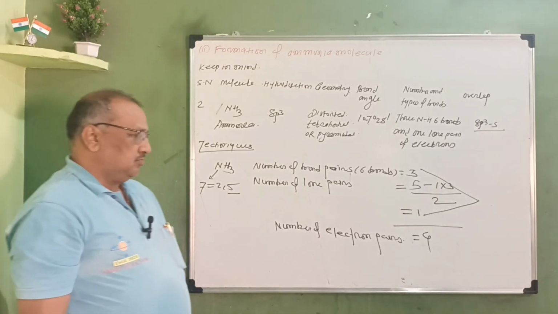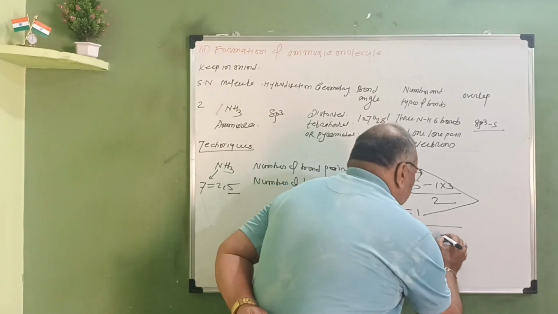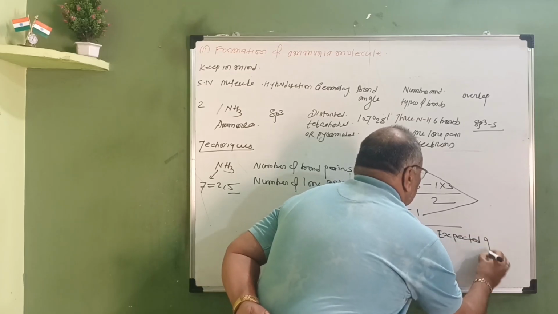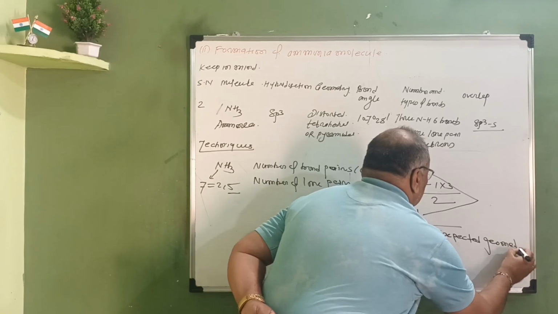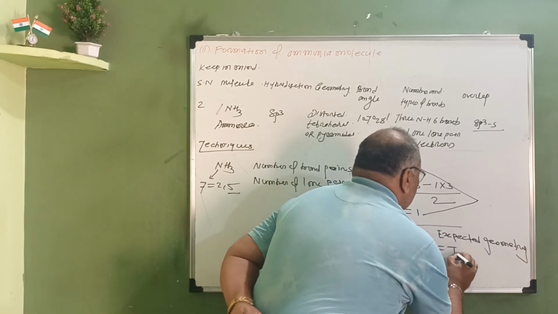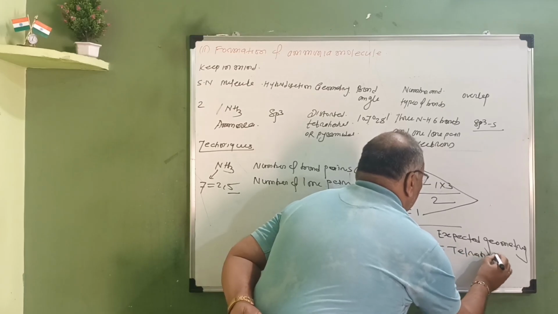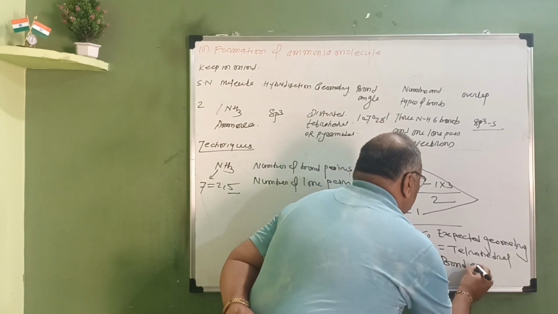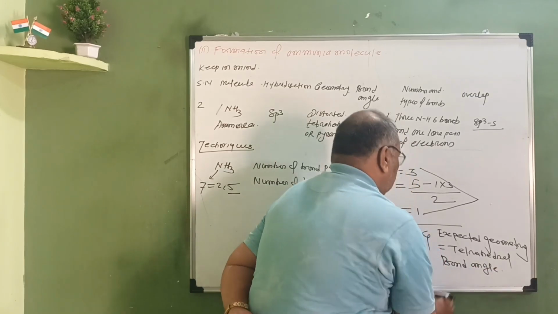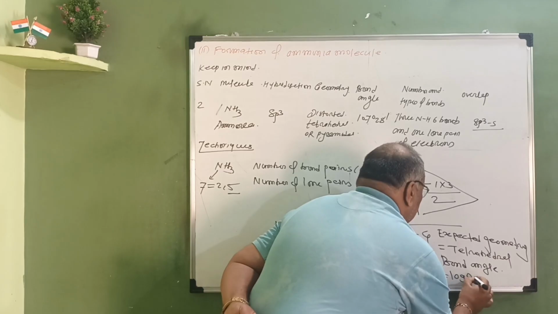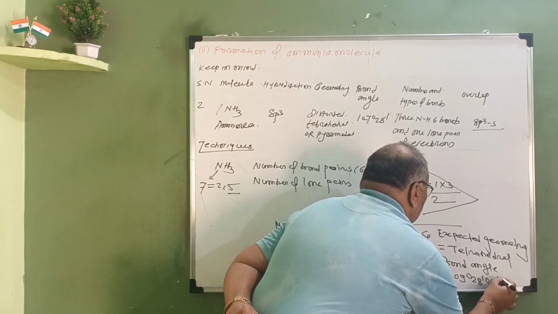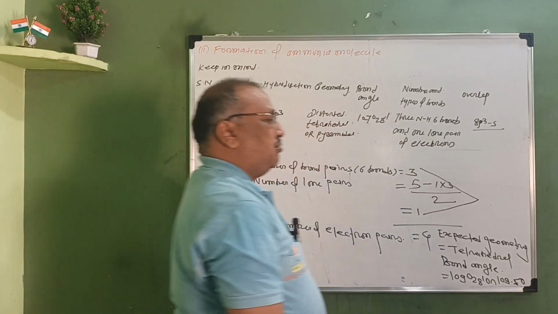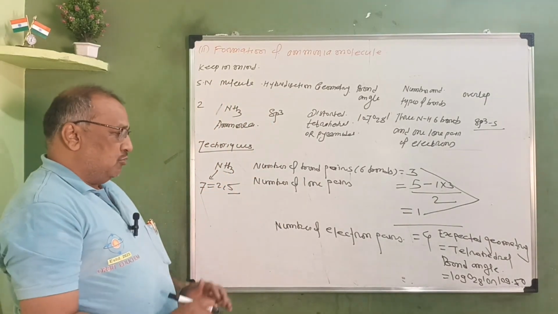So the expected geometry is tetrahedral, and the expected bond angle is 109 degree 28 minutes or 109.5 degree.